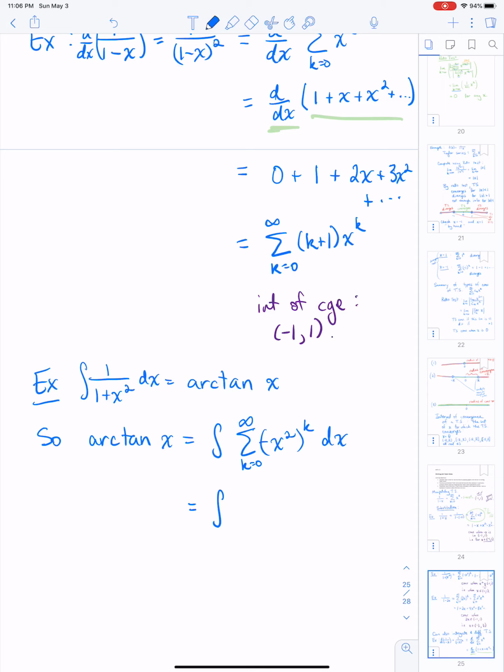So we want to have the integral of, okay, so for k equals 0, anything to the 0 power is 1, and then minus x squared plus x to the 4th minus x to the 6th plus ... I'm running out of room here, so I'm going to get rid of a few terms. Minus ... and then I want to put my dx in here.